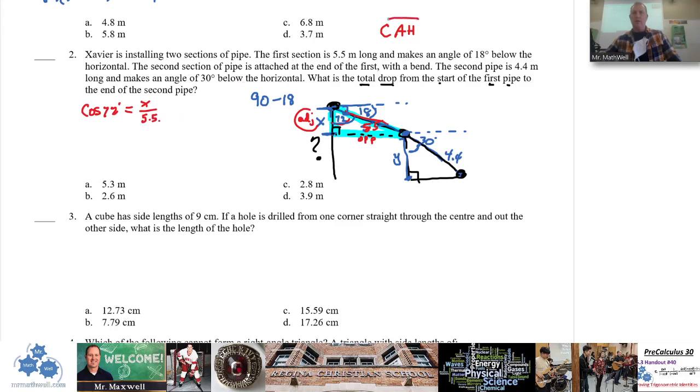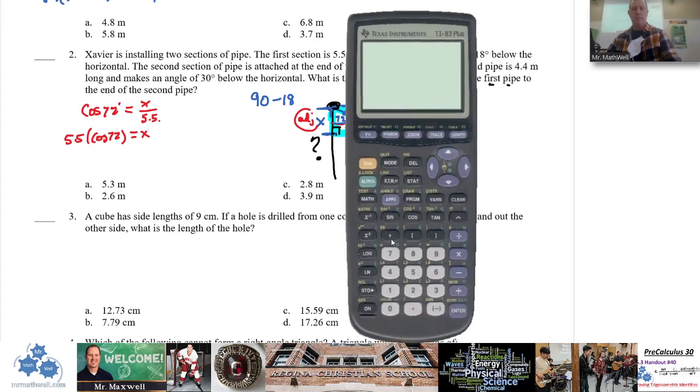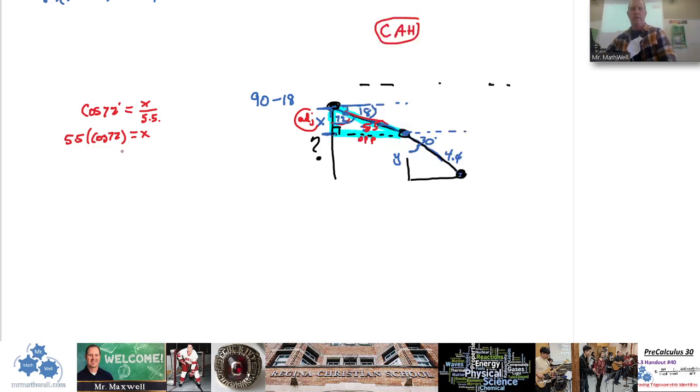So remember, always go from your SOHCAHTOA, write out the equation with all the values you can, and then solve for the unknown one. So 5.5 times cos of 72 equals x. 5.5 times cos of 72 equals 1.69 or 1.7. Anybody else get that?